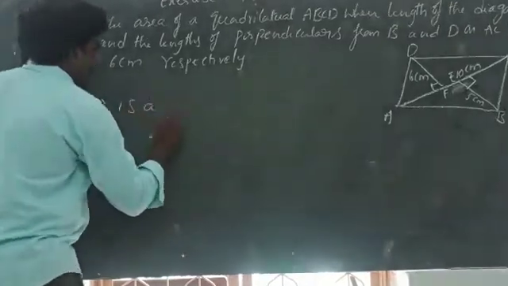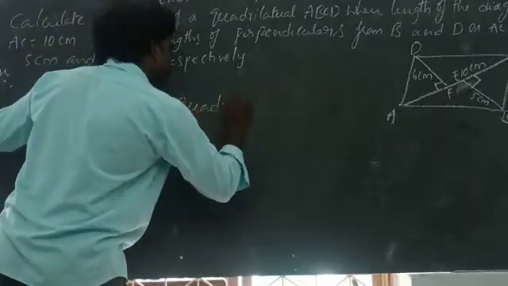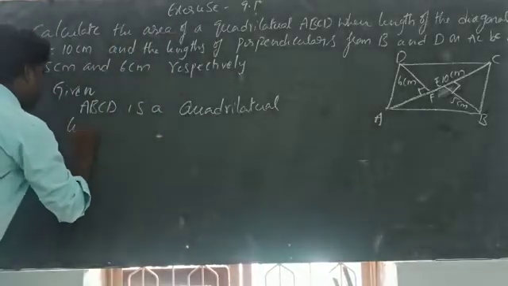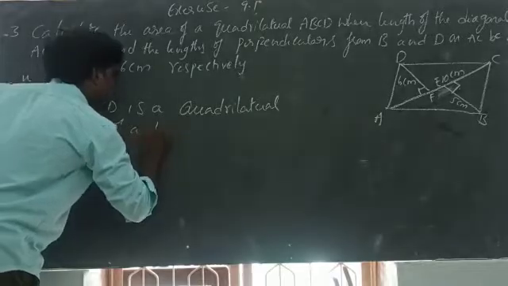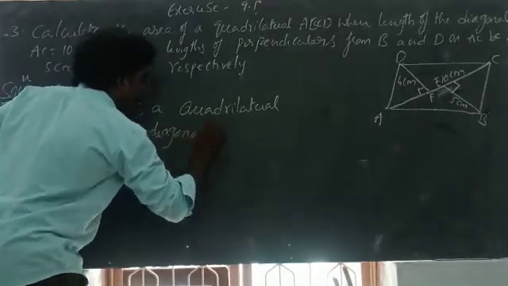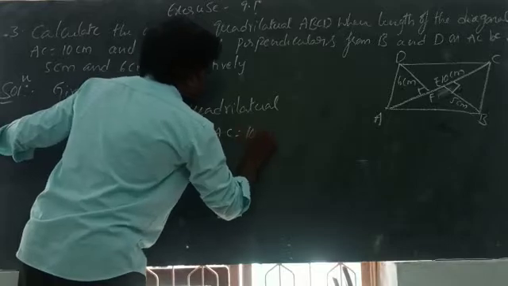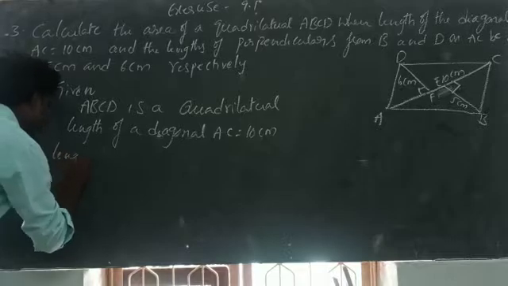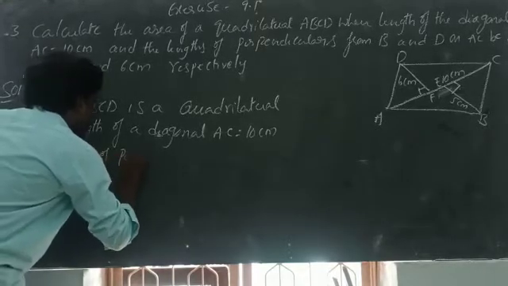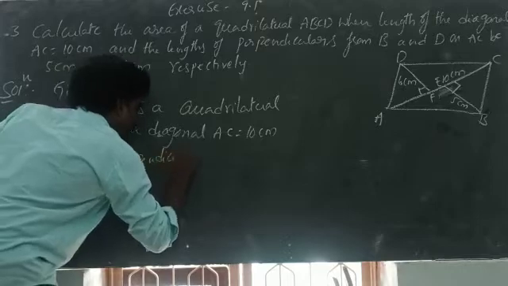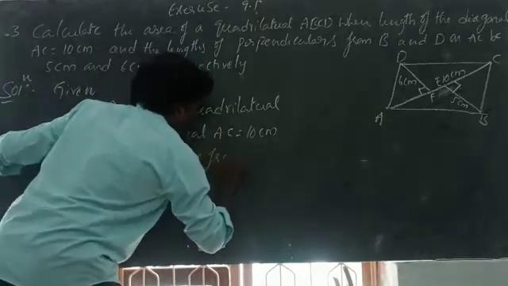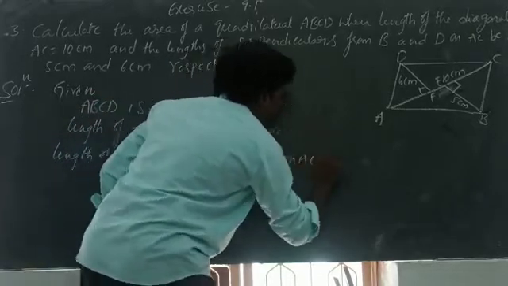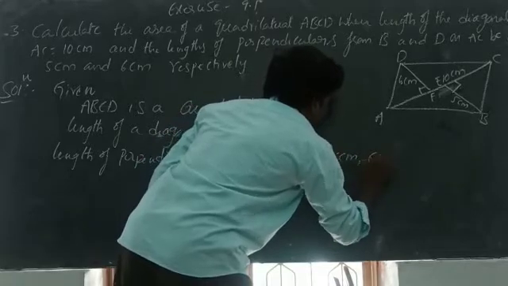ABCD is a quadrilateral. Length of a diagonal AC is equal to 10 centimeter. Length of perpendicular from B and D on AC is 5 centimeter, 6 centimeter.